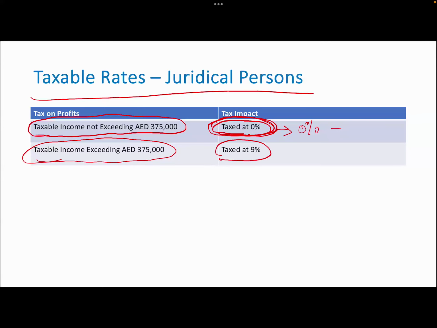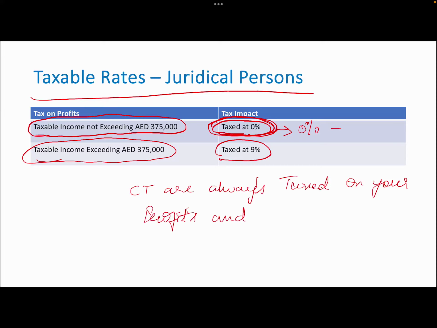Now, remember, the corporate tax, the CT, is always taxed on your profits and not on revenues. There is a reason I have specifically mentioned tax on profits.